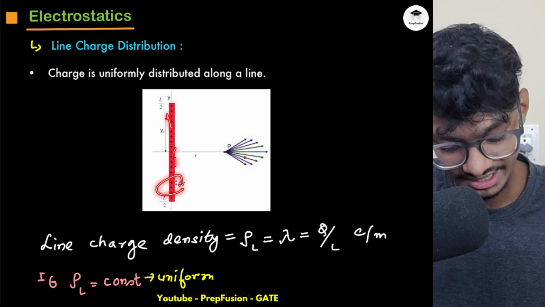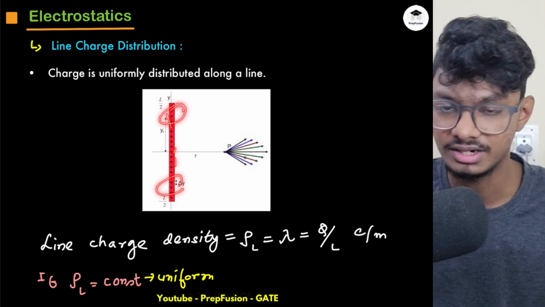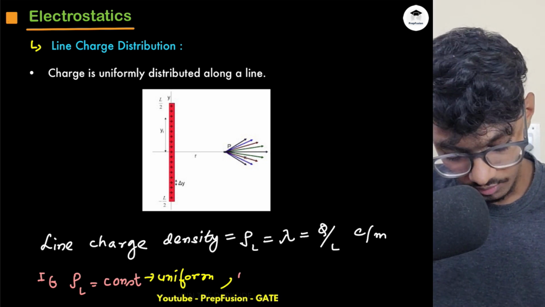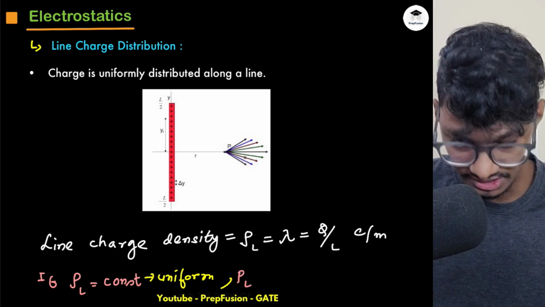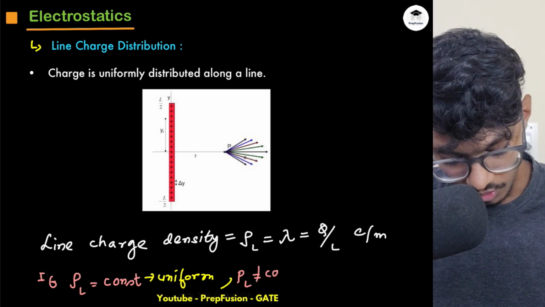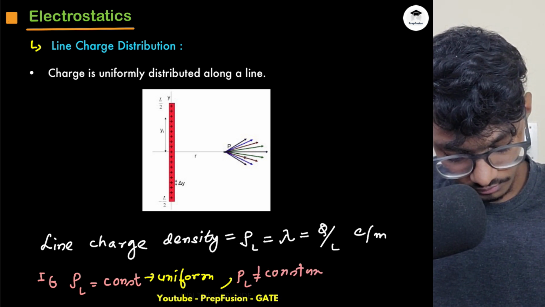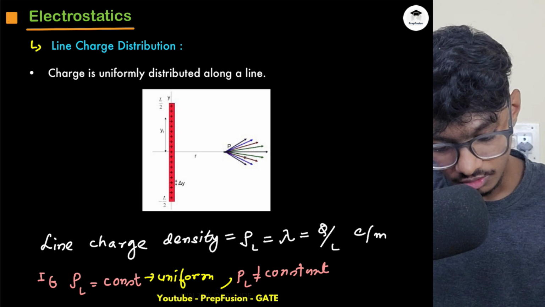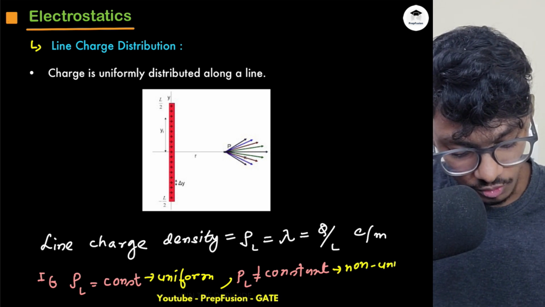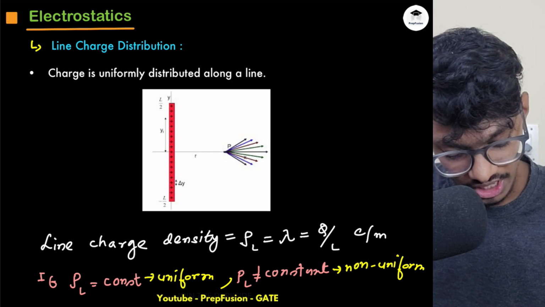If I am at this particular coordinate, rho L is the same. And this is a very significant thing, so do listen to me carefully here. If rho L is not constant, then the charge distribution will be non-uniform, because it depends on this charge density.